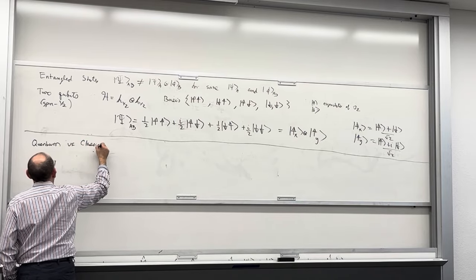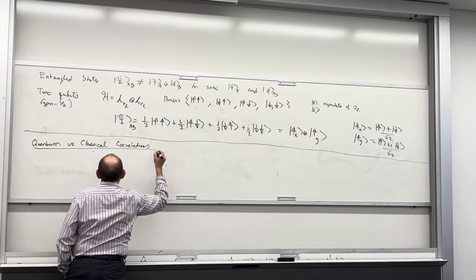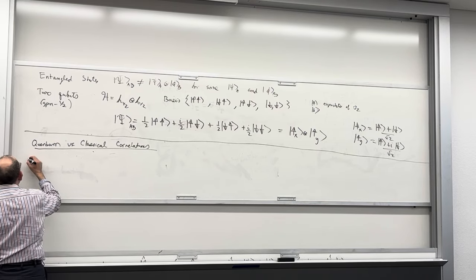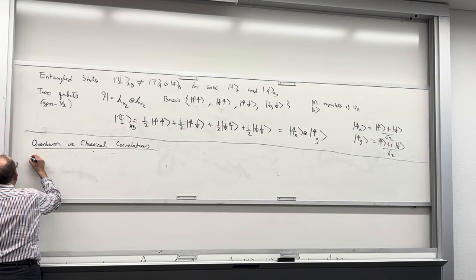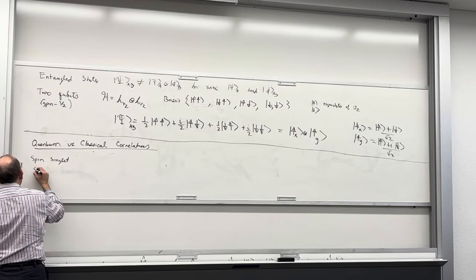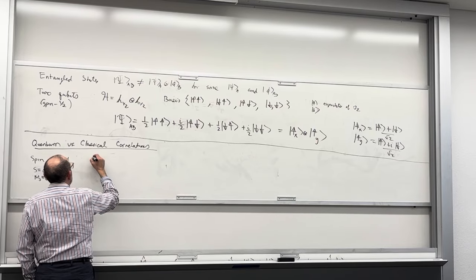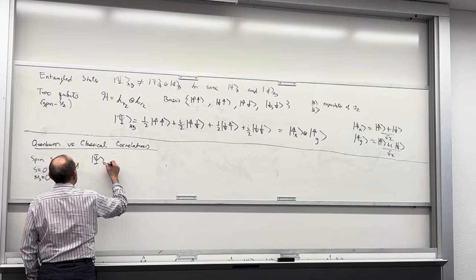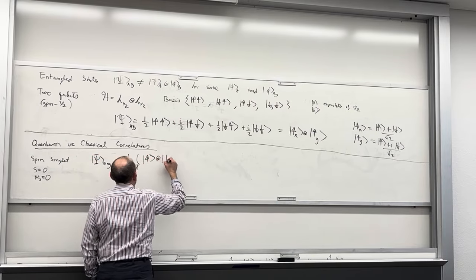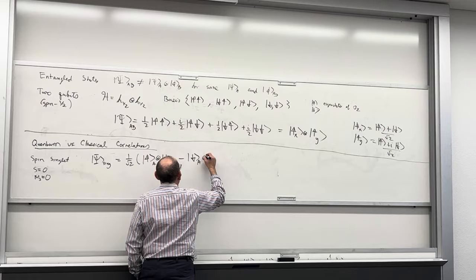Let's talk a little bit about quantum versus classical correlations. One of the most famous entangled states of two spin 1/2 particles is the spin singlet, which is the spin s equals 0, ms equals 0 state of two spins, which is up, down, minus down, up.